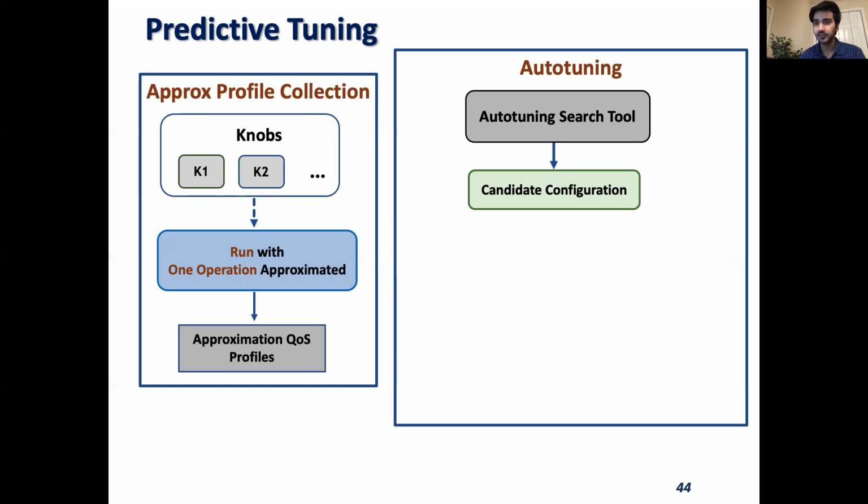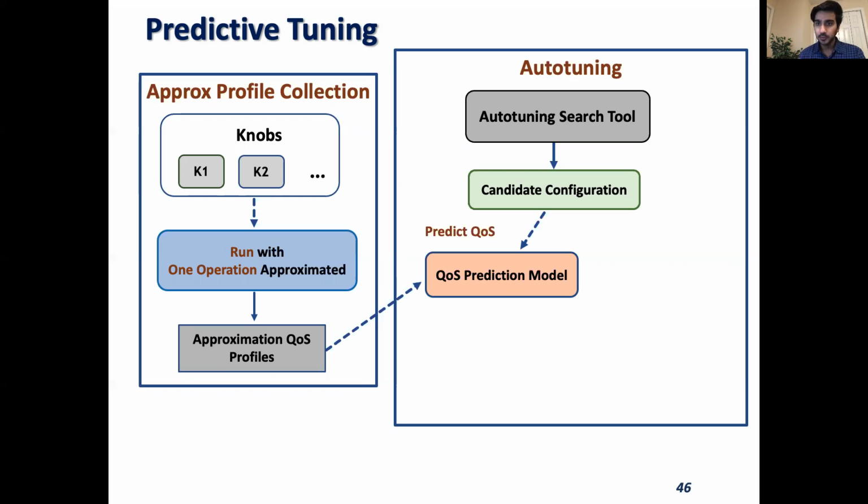Next is the auto-tuning phase that generates candidate configurations. In contrast to an empirical tuning workflow where the program binary is empirically evaluated each time, a QoS prediction model is invoked to evaluate the candidate configuration. The model uses individual QoS profiles from the profile collection phase and estimates the QoS for this candidate configuration. The predicted QoS is then sent as feedback back to the tuner so it can learn to navigate towards more profitable parts of the search space.